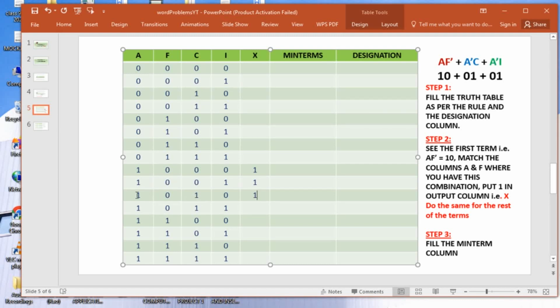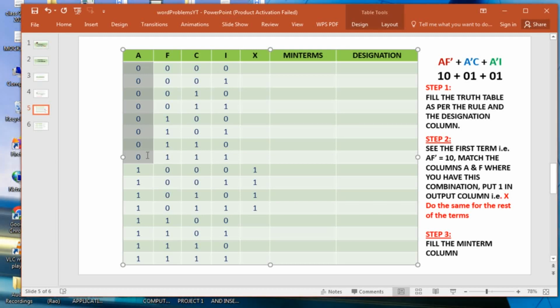I'm comparing these two: this should be 1 and this should be 0. Again here you have 1. Now this is not matching, this is not matching, this is also not matching, and here too you don't have any 1. So I have got A F naught, 4 ones in the output column.